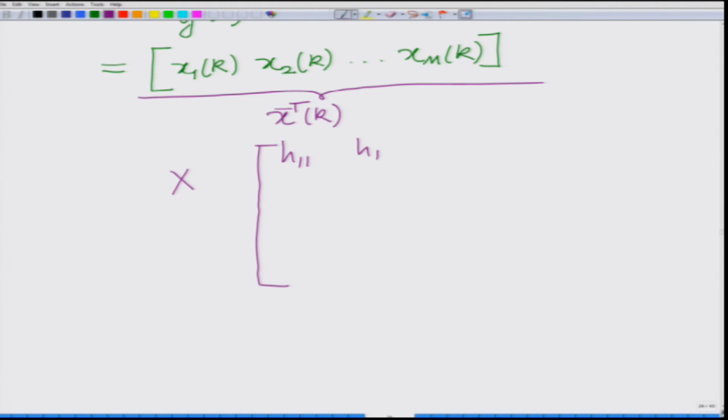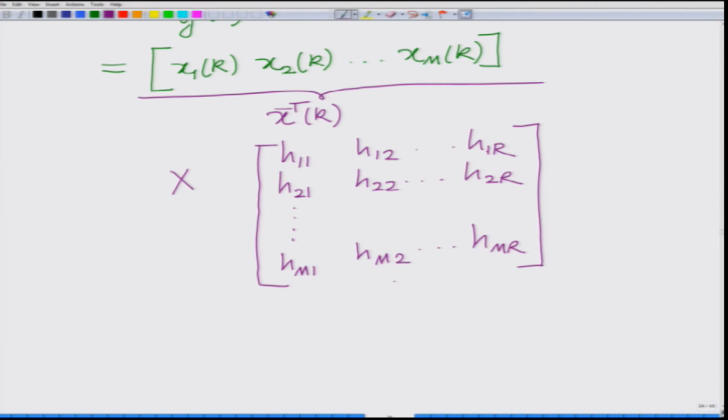h11, h12, so on to h1r, h21, h22, so on up to h2r, hm1, hm2, so on up to hmr.